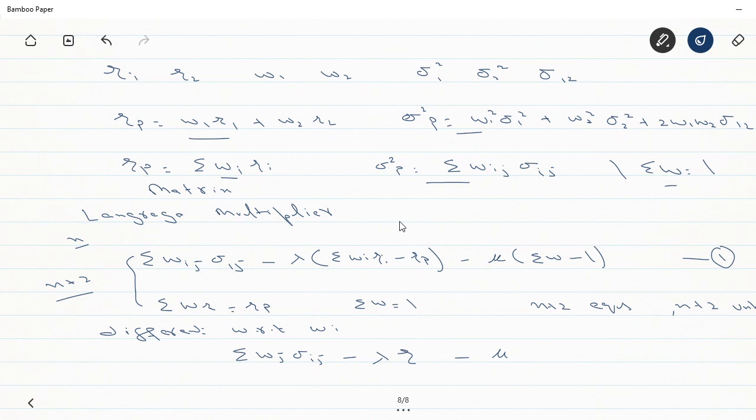So after differentiating, you will get this set of equations, and obviously our original equations, W equal to 1 and Wr is equal to Rp. So solve for lambda and mu simultaneously.